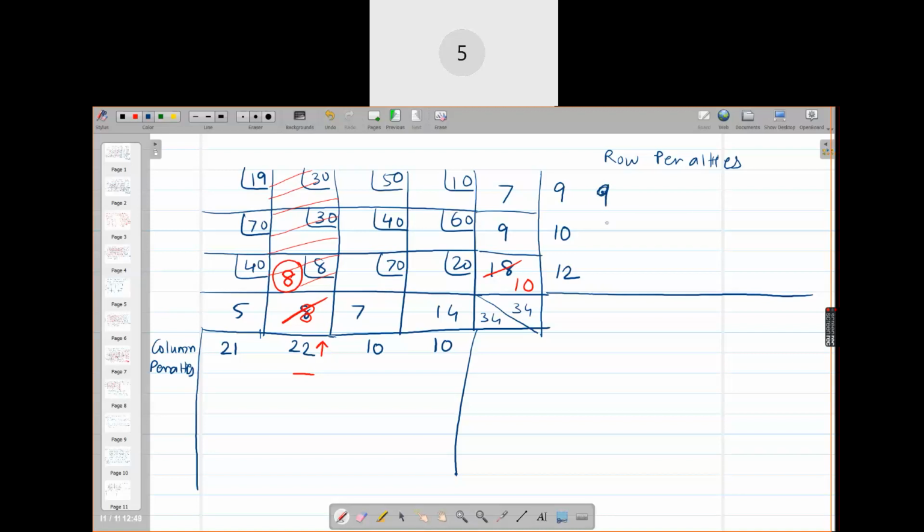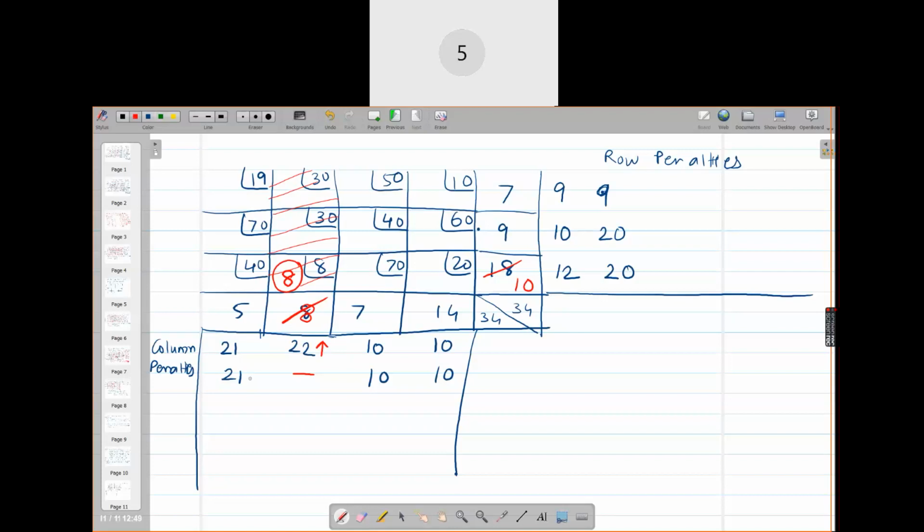Next row, 20, 40 and 60. Third row, 20 and 40, again 20. First column, 21. The columns will remain the same, right?